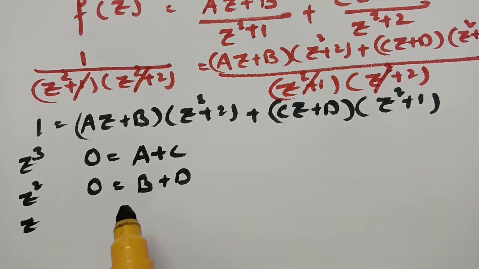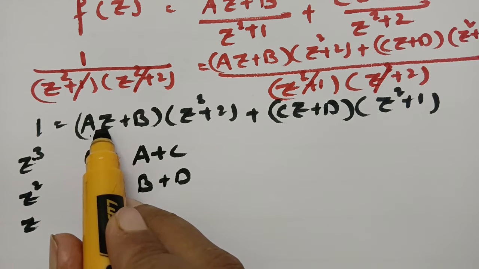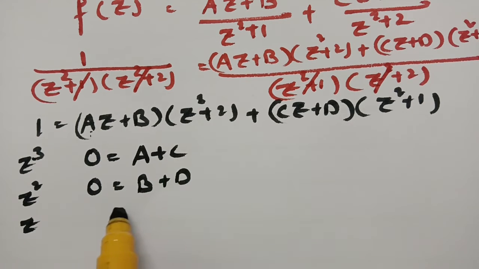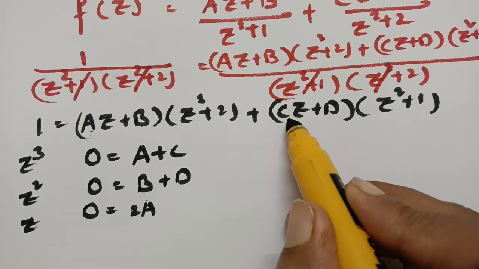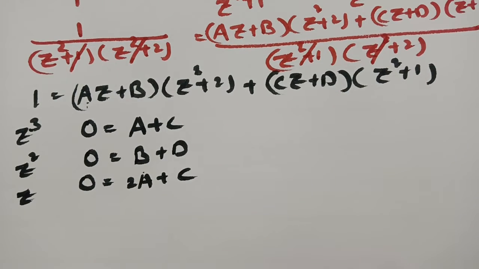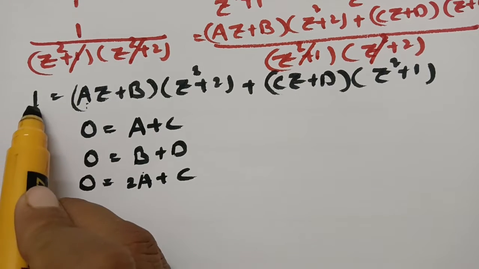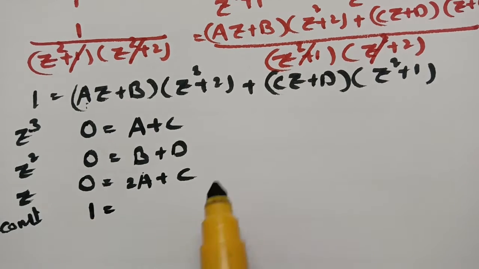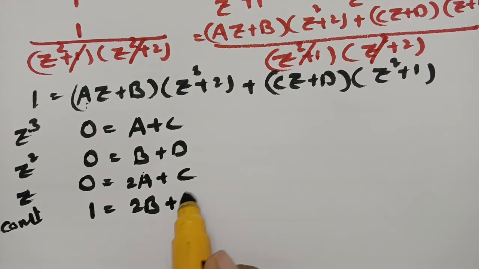And now the coefficients of z: az into 2, so 2a is the coefficient here, and on the LHS there is no coefficient of z, and cz into 1, so c is the coefficient. On comparing constants, the constant here is 1, and on the right b into 2, the value is 2b, and d into 1, the value here is d.